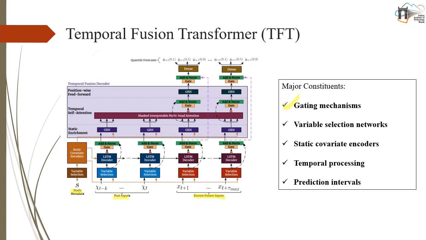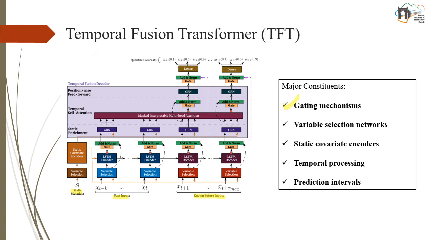This mechanism allows us to dynamically skip over unused components and adjust the depth and the complexity of the network based on the specific dataset and scenario. Basically, it tells how much of the input should be given, and whether non-linearity should be incorporated or not. And this adaptive nature ensures that TFT can effectively handle a wide range of time series forecasting tasks, accommodating both simple and complex patterns in the data.